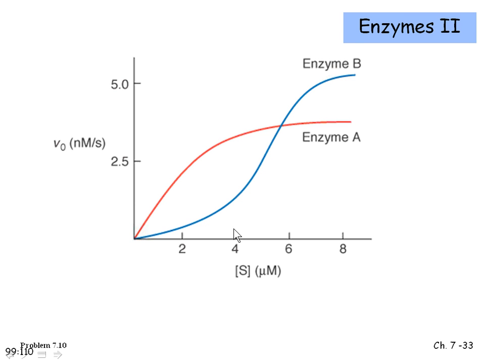So this is one example of a pair of enzymes where one has a greater affinity but a smaller ability to catalyze the reaction. Which of these two would probably be allosteric? Right, because it's got this sigmoidal kind of character to its kinetics. This one's hyperbolic, this one's sigmoidal, slow, linear, and then tapering off.